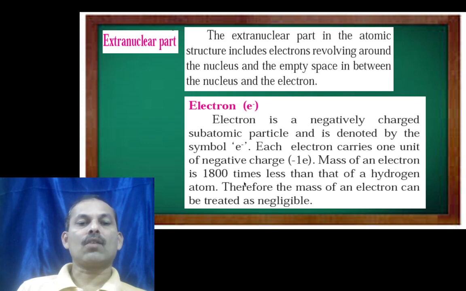The mass of an electron is about 1800 times less than that of a hydrogen atom. Therefore, the mass of an electron can be treated as negligible.